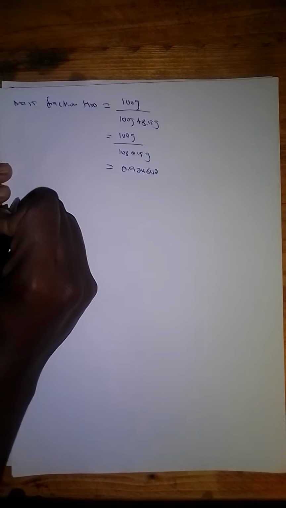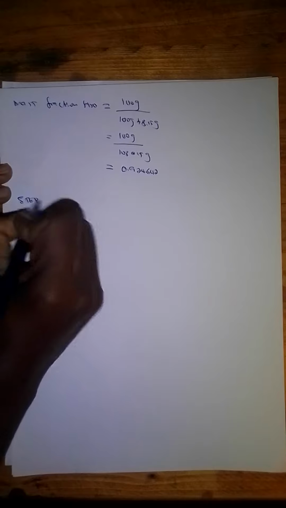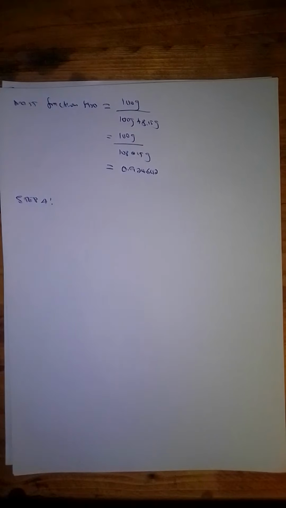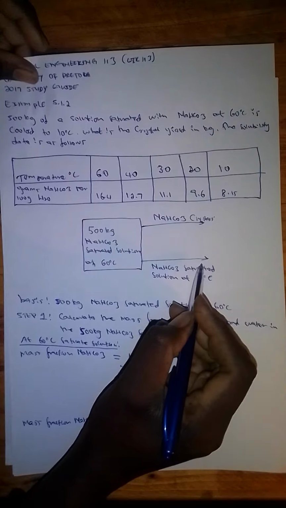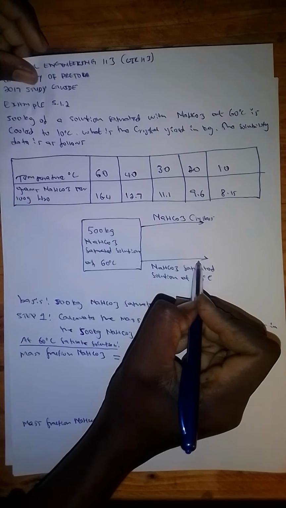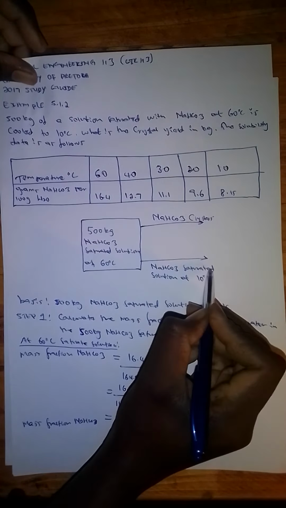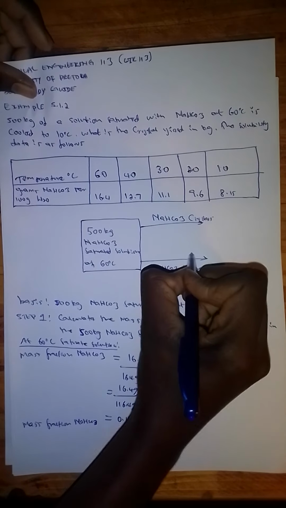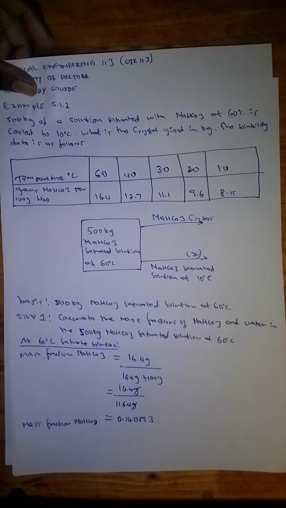Now that we are done with step 3, which was calculating the mass fractions, we go to step 4. Now that we have the composition, we need to calculate the total amount. We can name it X because we're going to be calculating it.